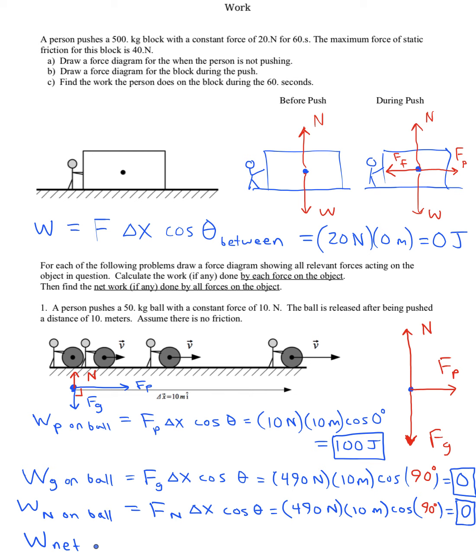When we calculate the net work, we can simply sum up all the works that had been done that we had calculated previously. And it's a positive 100 joules. And what we want to see is that when positive work gets done on an object, the object's speed will increase.